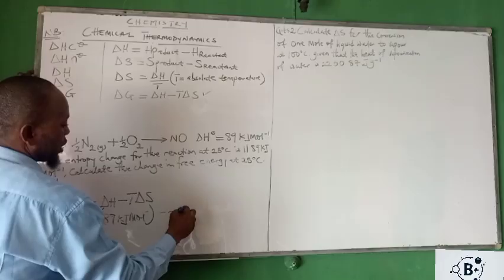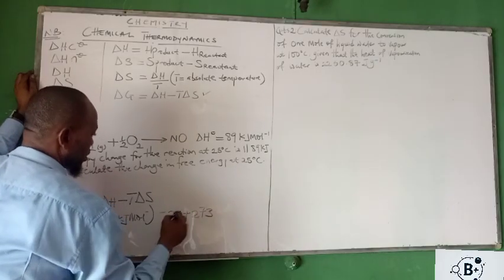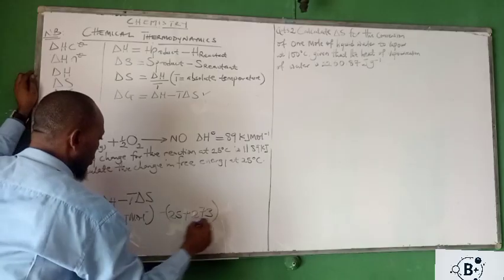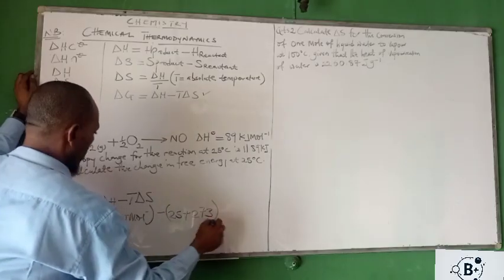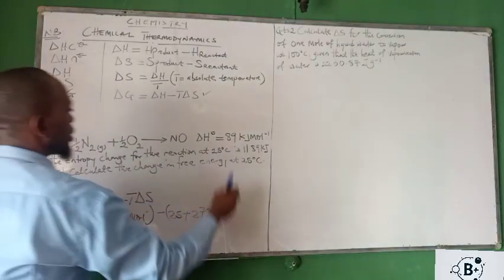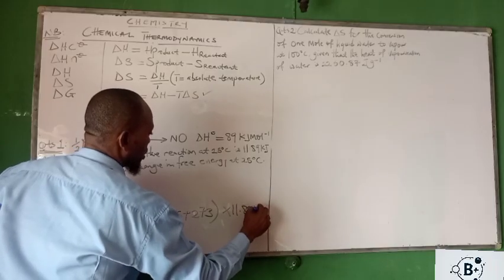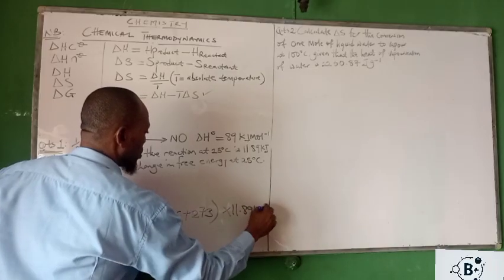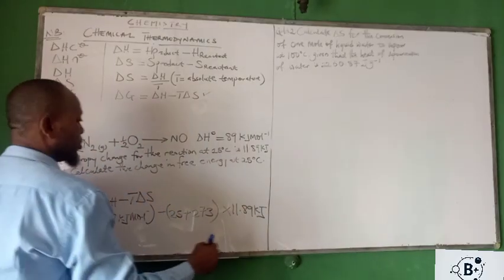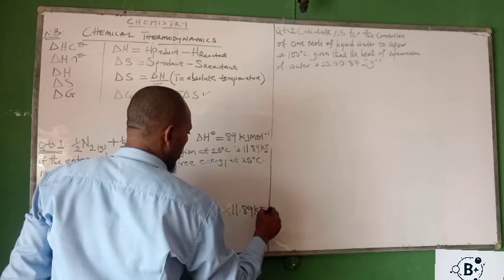We convert it to the absolute scale by adding 273 to it, times entropy change. The entropy change is 11.89 kilojoule per mole.